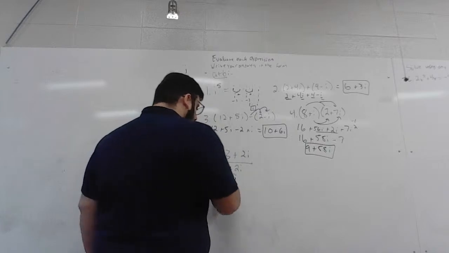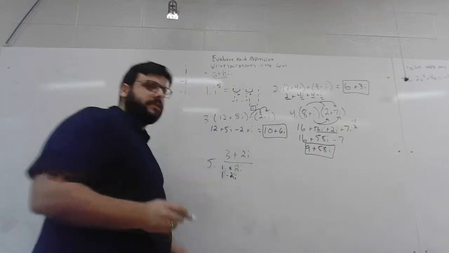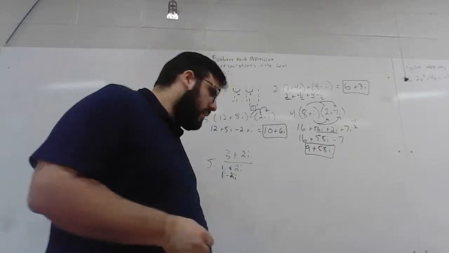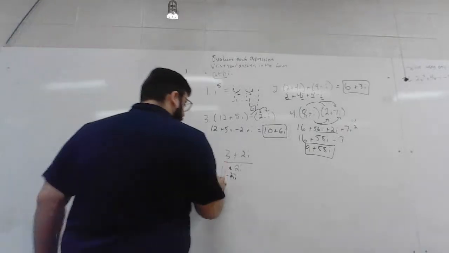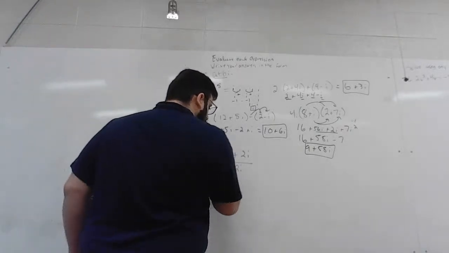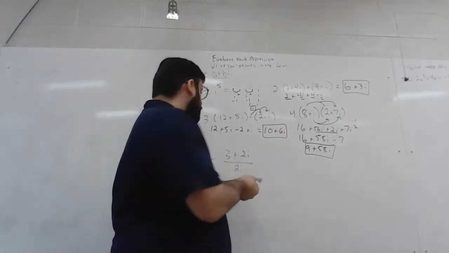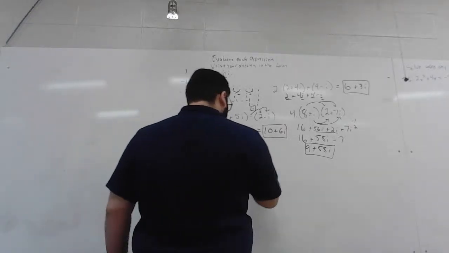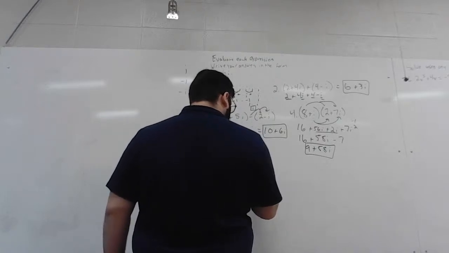Even if this were like 1 plus 2i, its conjugate would still be 1 minus 2i. So all you're doing is changing that sign from plus to minus or minus to plus, depending on what it is. Now, what you're going to do here is multiply both the numerator and denominator by the conjugate of the denominator.